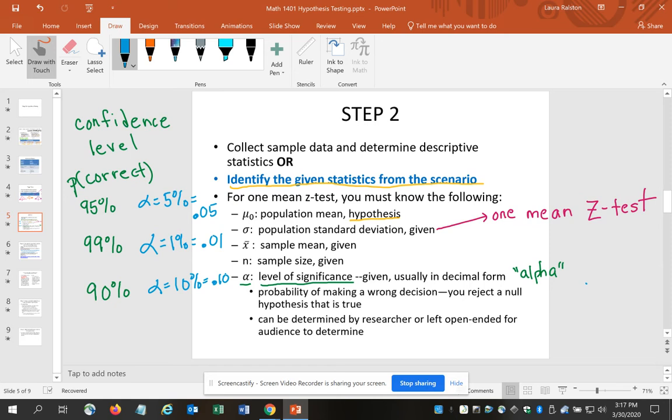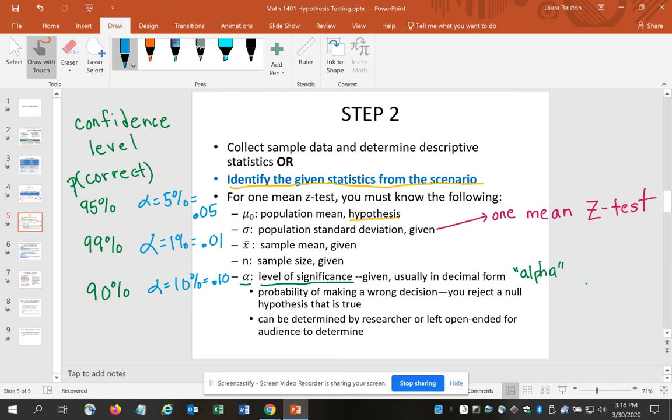So the level of significance helps us to know, again, the probability that we're going to make the wrong decision. And that level of significance can be determined by the researcher. They can set it at typically 5%, 1%, or 10%.